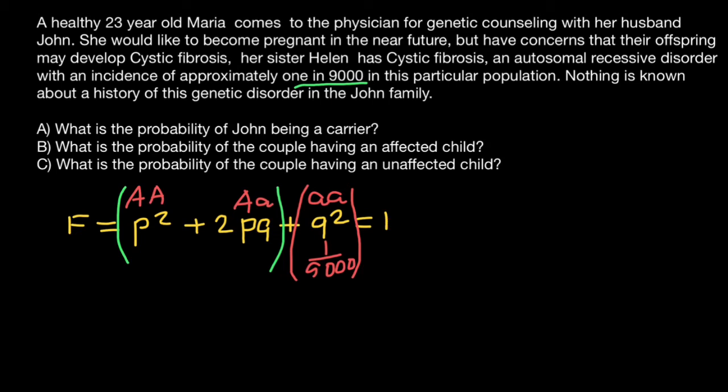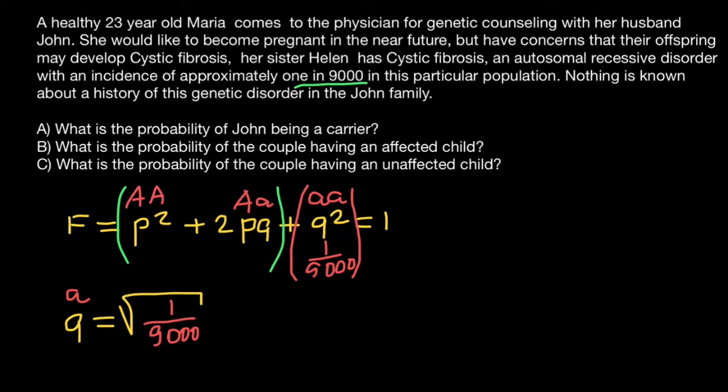According to this formula, the frequency of the q allele, where q stands for the recessive allele a, would be as follows. We take the square root of 1 over 9,000, because this frequency is small a times small a.